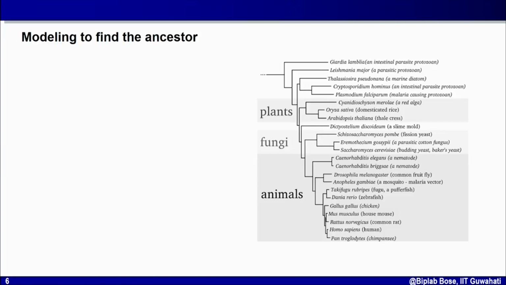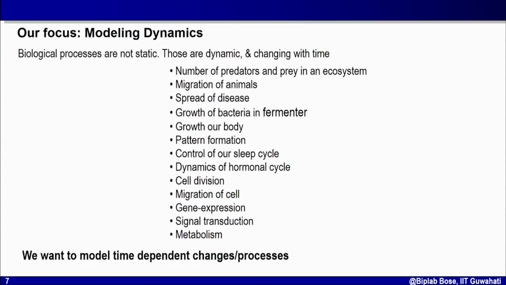There is another type of model that is the focus of our course, that is the dynamical model. No living system is static. Anything living has processes which are changing with time, which are dynamic. Take the example of growth of a human being, growth of bacteria in a fermenter, growth of a solid tumor in a patient, or maybe the dynamics between predator and prey in a jungle.